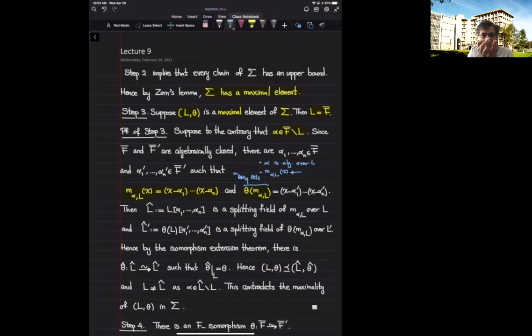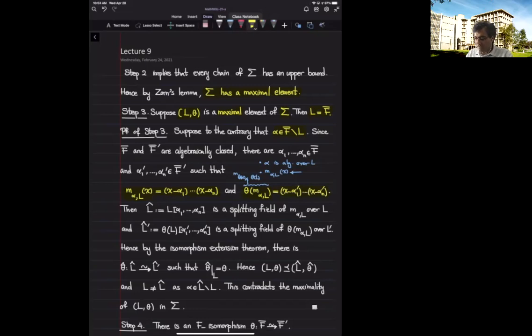Now, when I give you a minimal polynomial for alpha, after I apply theta, I get a minimal polynomial for theta of alpha. But now I use the fact that F bar prime is algebraically closed and deduce that this minimal polynomial can be decomposed into linear factors in F bar prime. One of them is theta of alpha.